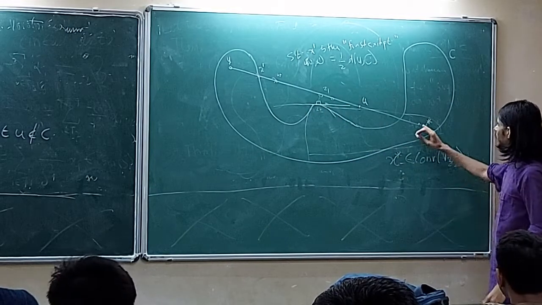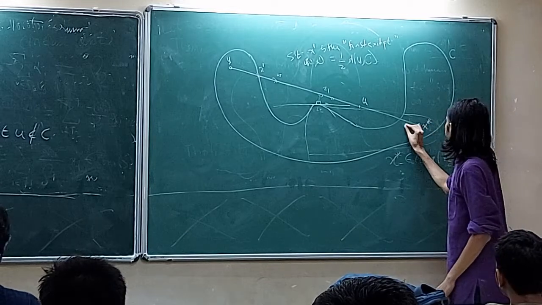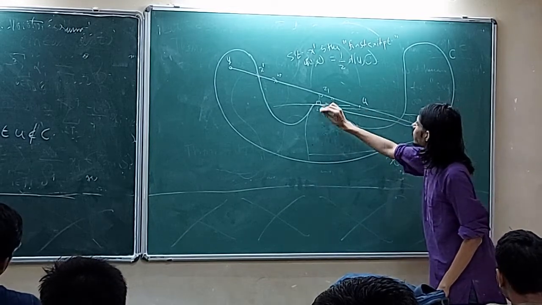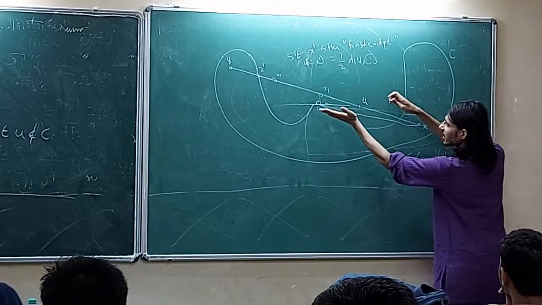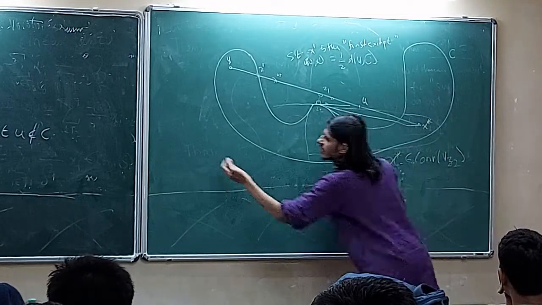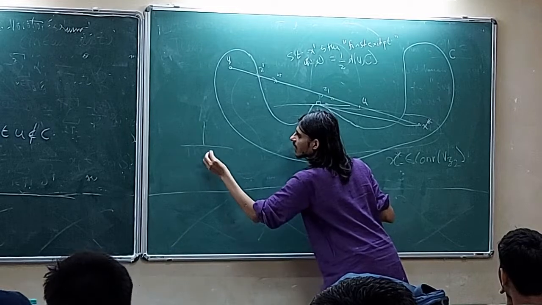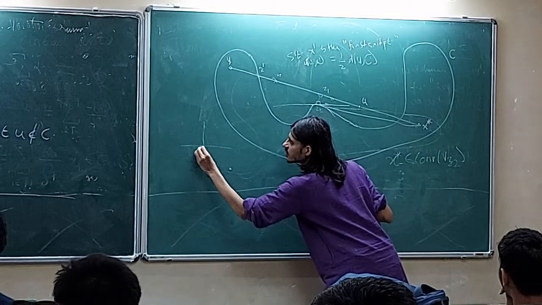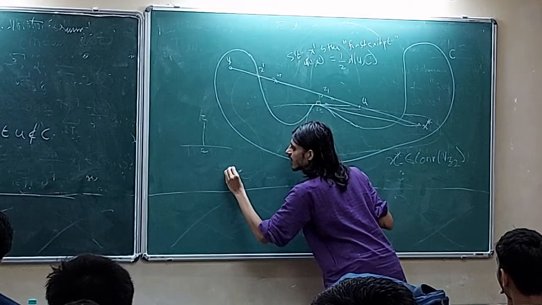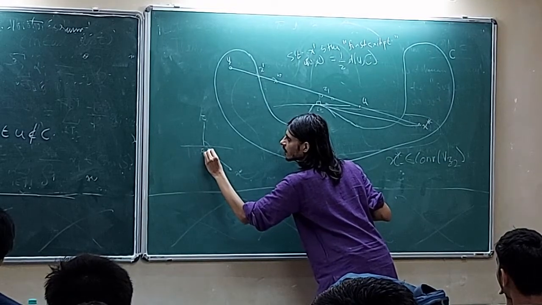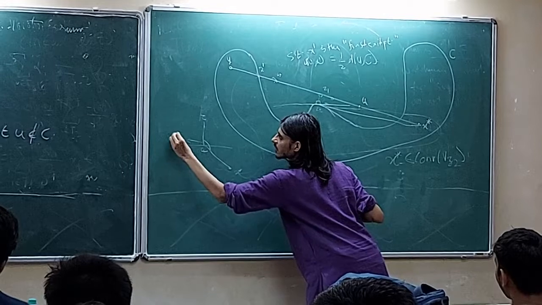So it contains X star and this is a supporting hyperplane. Now look at this angle, the angle between X star, Z2 and Z1. What can you say about it? If you have a plane here, this is a right angle, and there's a point here. This is Z2, this is Z1, and this is X star. This angle has to be an obtuse angle, greater than 90 degrees.